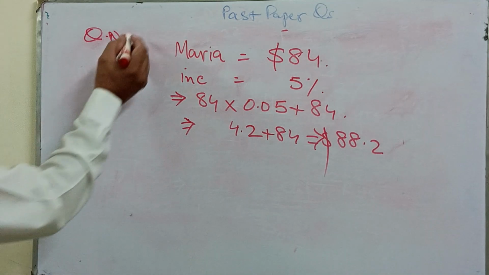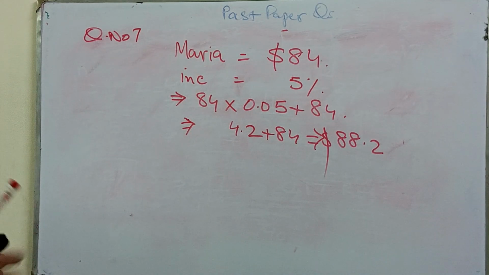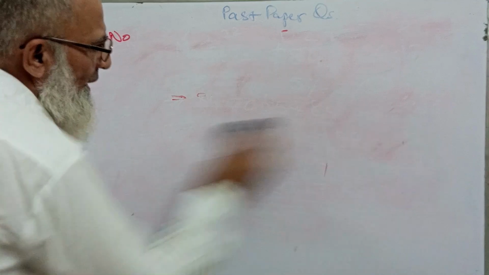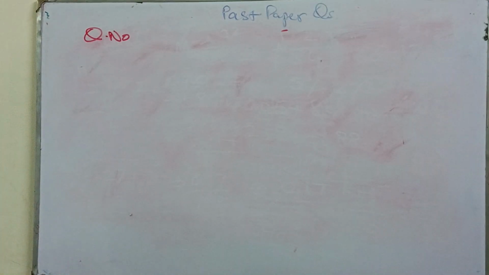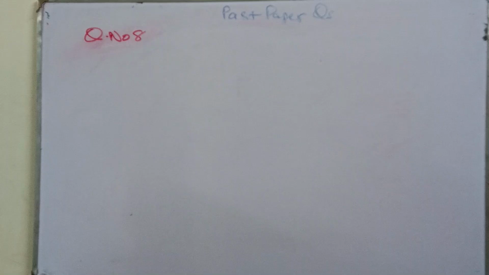The question under consideration was question number 7. Now I am going to do question number 8. Compound interest. As I gave you a hint in question number 5, now compound interest has come.